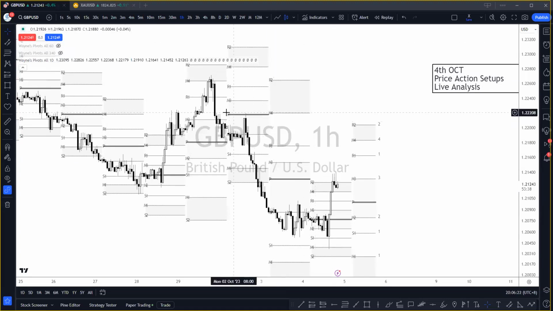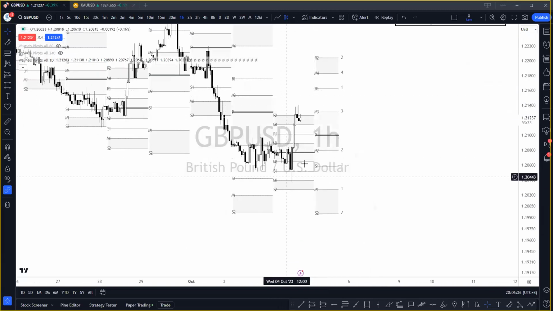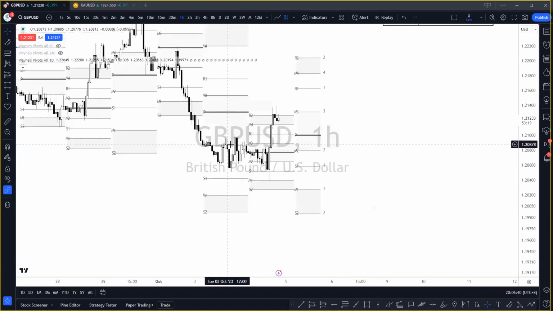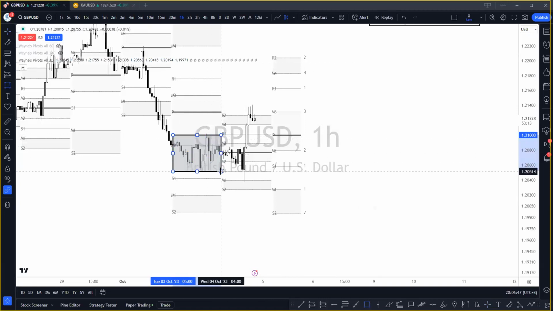It shows us certain levels, based on yesterday's movement of the pound dollar, that we see today as being off the normal range. So for example, if we look at yesterday's movement, which is in this rectangle box here.